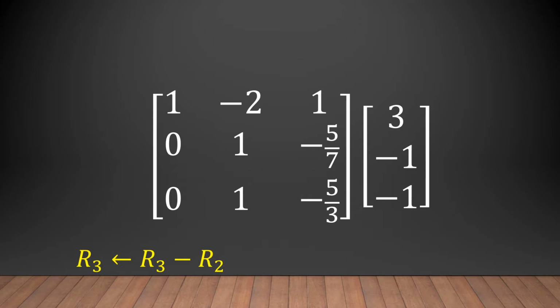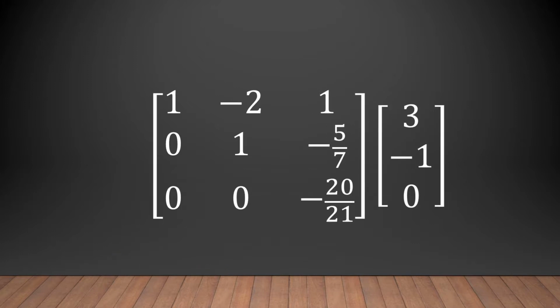And what that will do is change that second position of the third row into a 0. But then you're going to say, I know, you have to take -5/3 minus a -5/7. That means you're going to have to get a common denominator, and the common denominator there I think is 21, but it can be done. So when you do it, this is what you get.